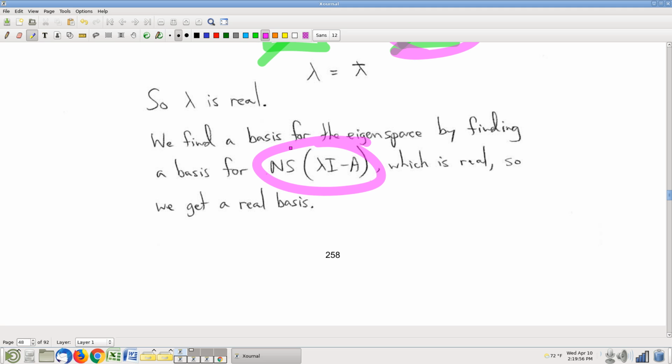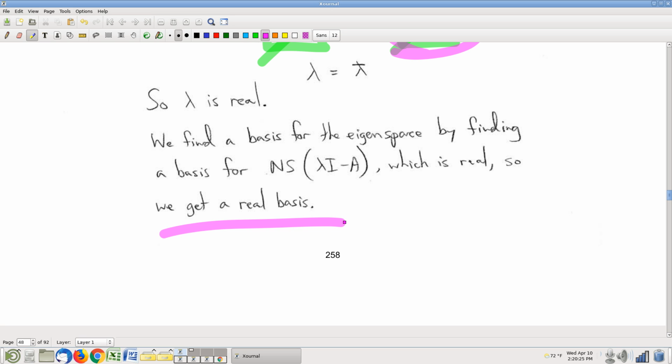Lambda was real, A was real, everything in sight is real. We're then doing a null space to find eigenvectors. The null space of a real matrix is going to row reduce to a real reduced row echelon form. Solve for your pivot variables, play the game, do the usual null space thing, and there's just no opportunity for complex numbers to come up. So what you get is a basis for your eigenspace consisting entirely of real eigenvectors.